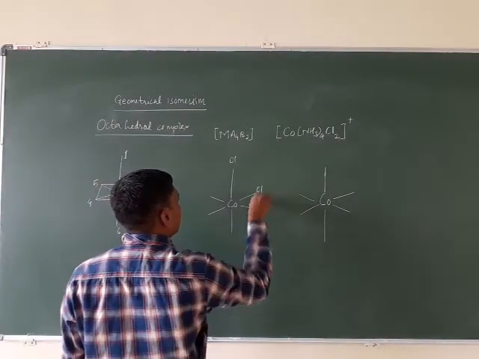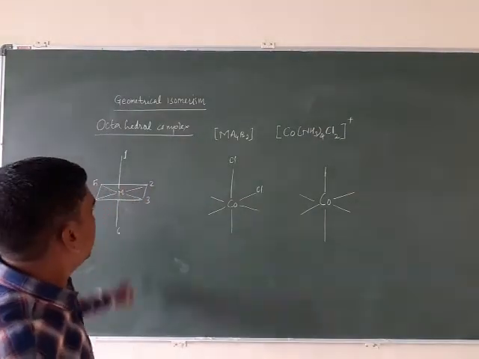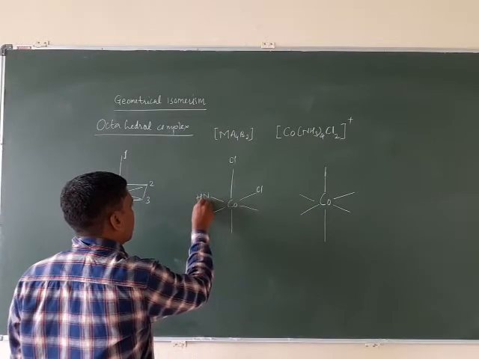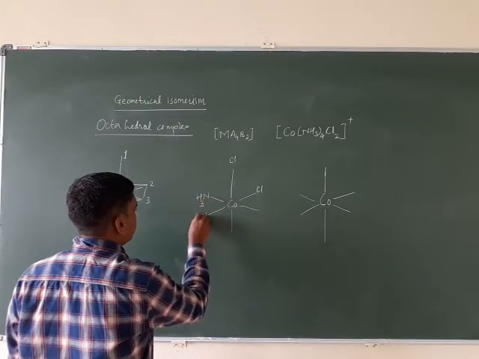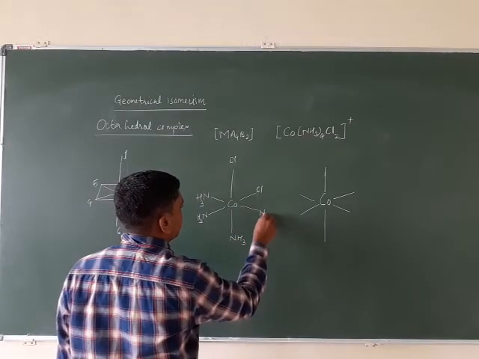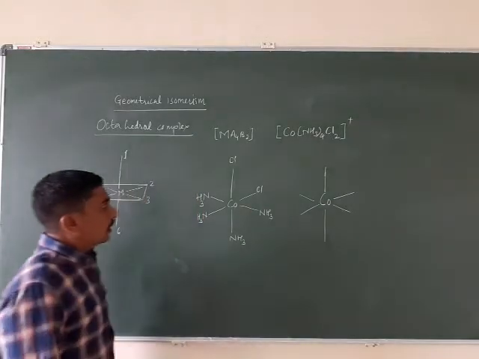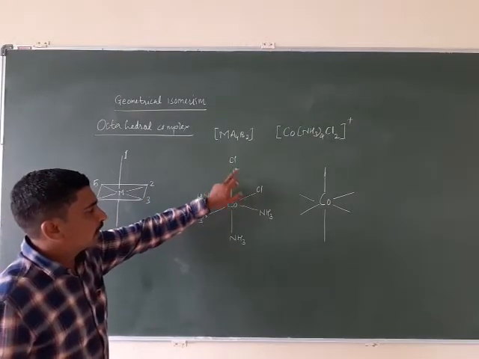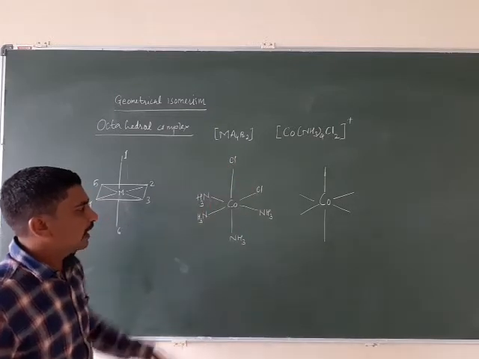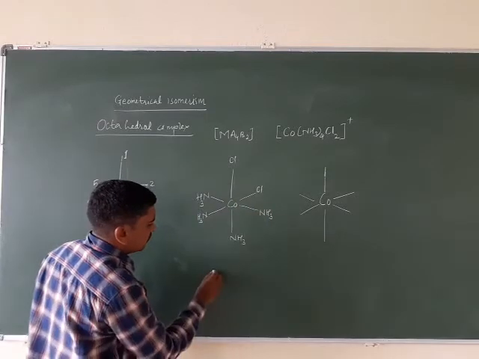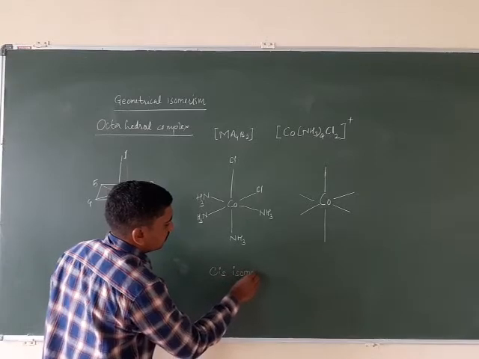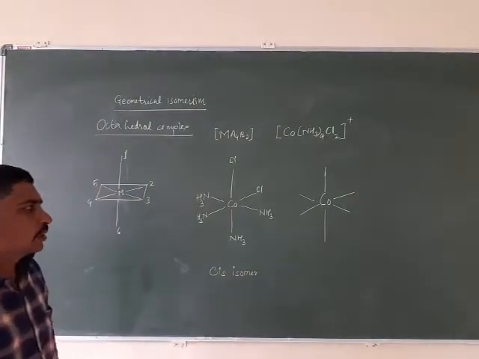So I will draw over here. 2 Cls are present at first and second position, and the remaining positions are occupied by amine ligands. Now these two identical ligands, Cl and Cl, are adjacent to each other, and that's why this is the cis isomer.